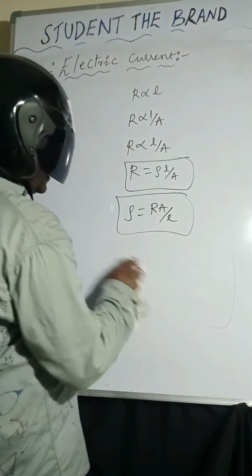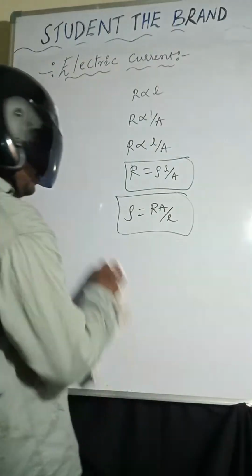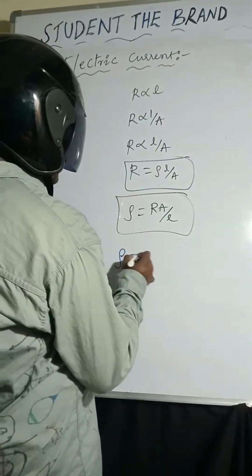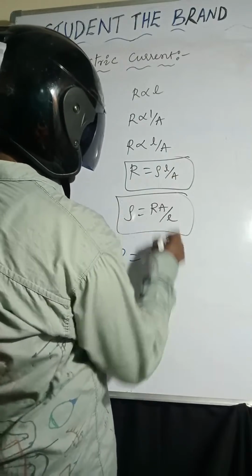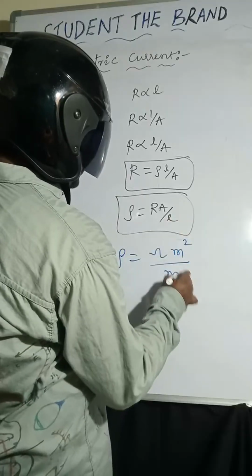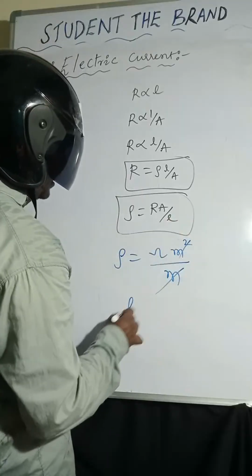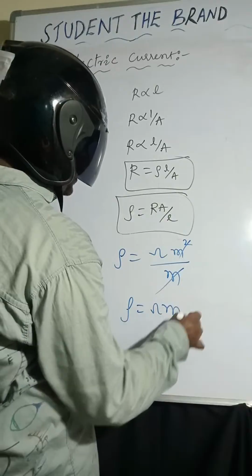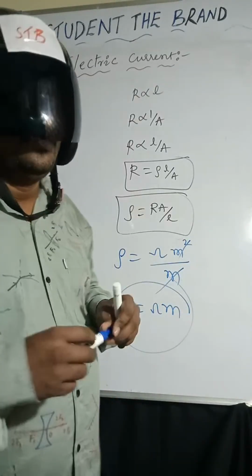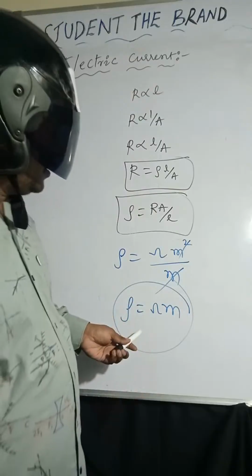SI unit of resistance is ohm, SI unit of area is meter square, SI unit of length is meter. A meter gets cancelled. Rho equals ohm meter. Resistivity is equal to ohm meter.